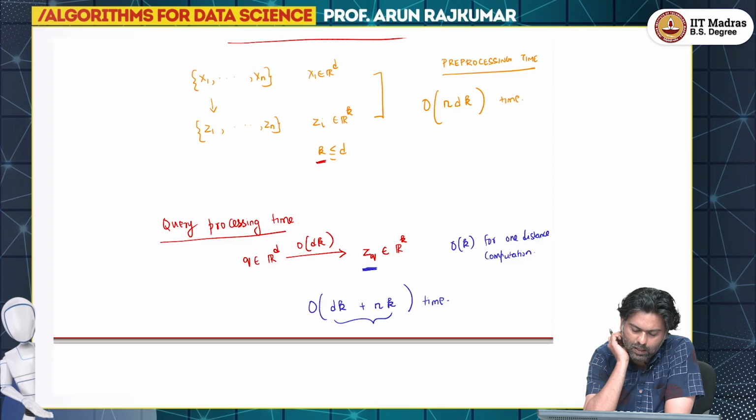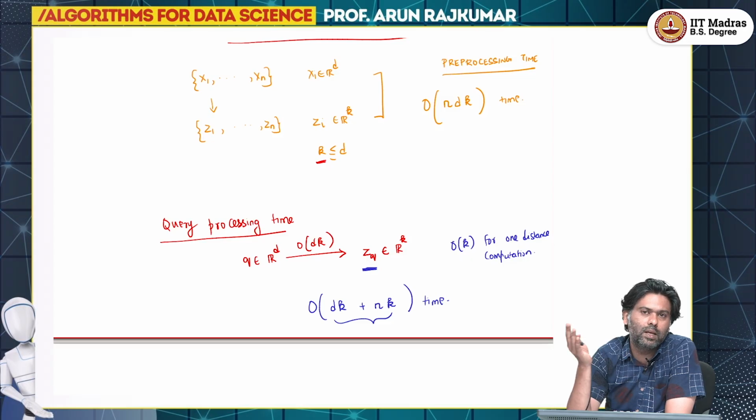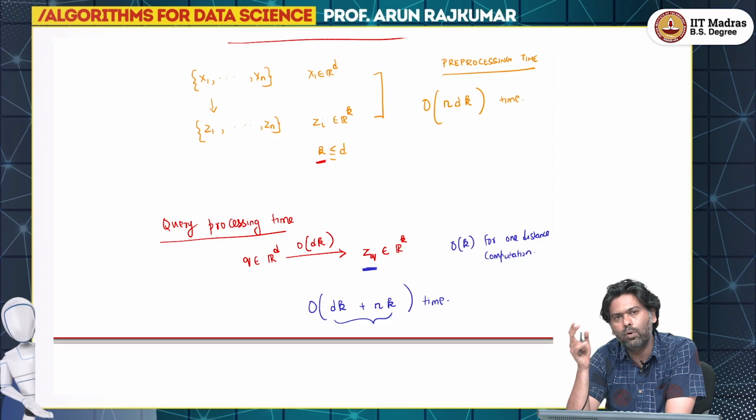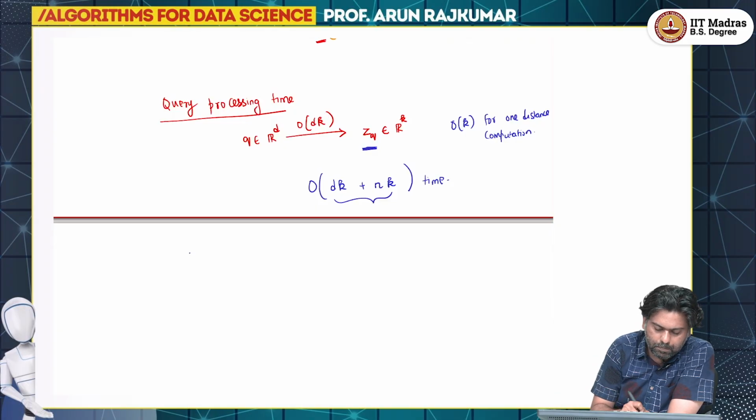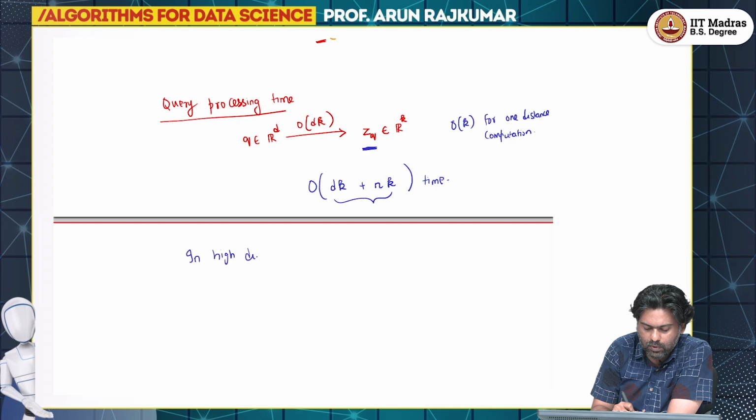Basically, if I had to do this in the high dimension itself, let's say JL didn't happen, and if I had to solve the nearest neighbor problem exactly, we don't even need approximations, let's see how much time that would have taken.